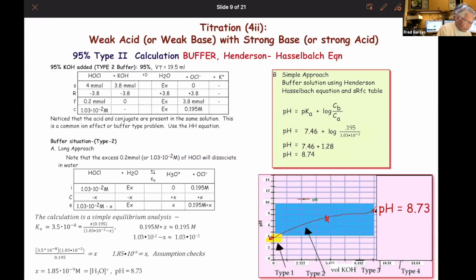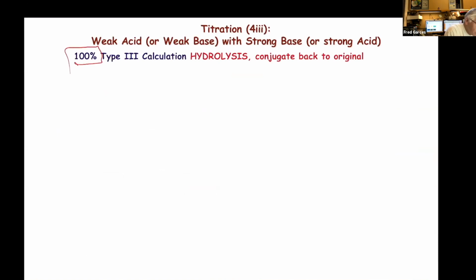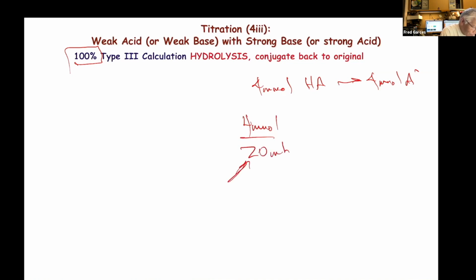At the equivalence point, this 4 millimoles now converts completely over to the conjugate. But the volume is now 20 milliliters. So at the equivalence point, 100%, the 4 millimoles of acid converts over to 4 millimoles of conjugate, in 20 milliliters total volume.